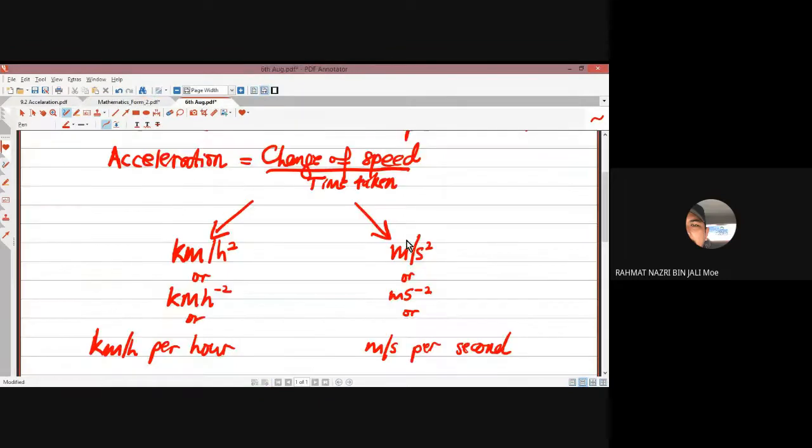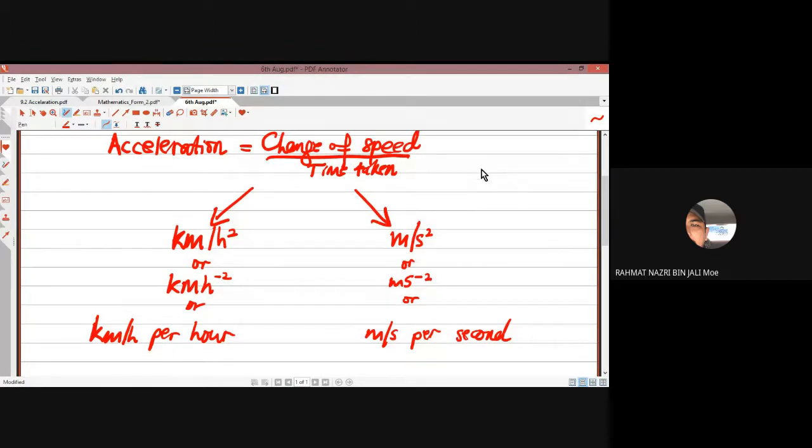Okey, betul. Dia ada 3. Jadi ada 3 di sini. 1, 2.